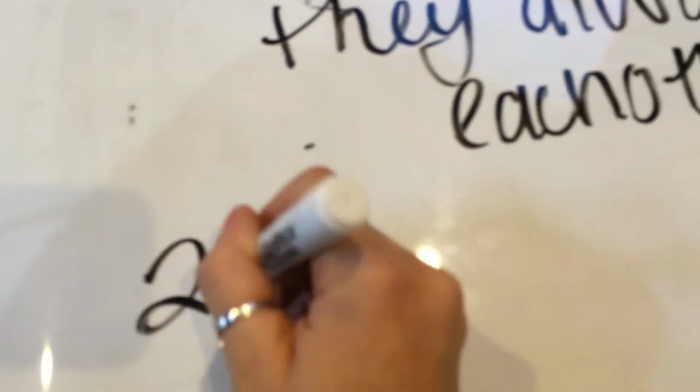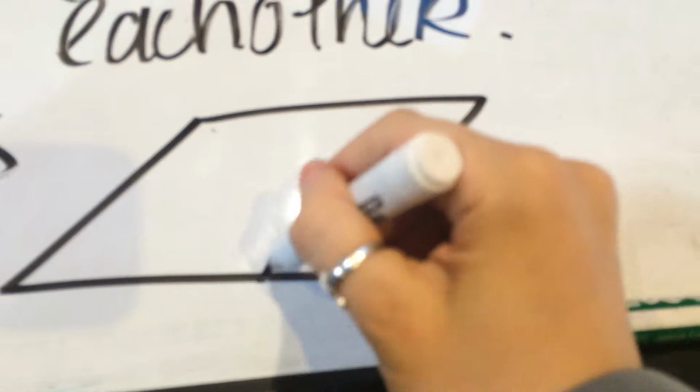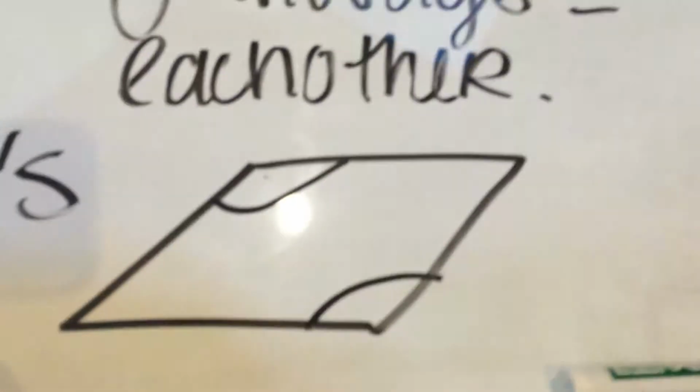Now the second, angles. Now, here's my, again, little janky parallelogram. Remember, these two angles are congruent, and these two guys are congruent to each other.